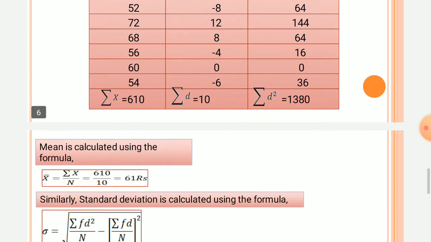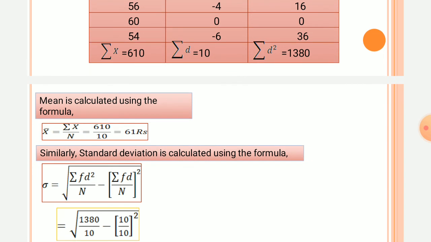So after preparing this table, then apply the formula. Arithmetic mean can be calculated as x bar is equal to sigma x divided by n. Sigma x is equal to 610 by n.